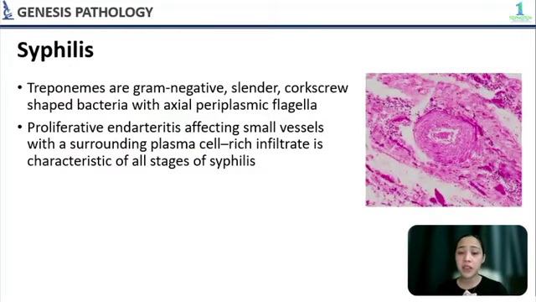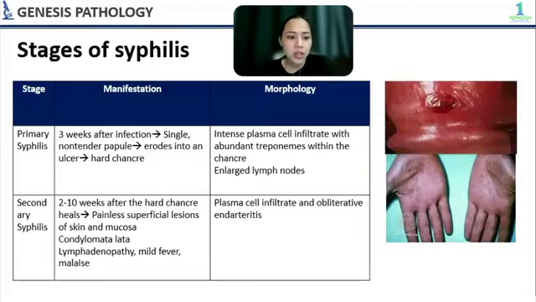Okay, next is syphilis. So this is caused by Treponema pallidum, which are gram-negative, slender, corkscrew-shaped bacteria with eggshell periplasmic flagella. So for all stages of syphilis, makakita ka ng proliferative or obliterative endarteritis, which usually affects the small vessels. So there are several stages of syphilis.